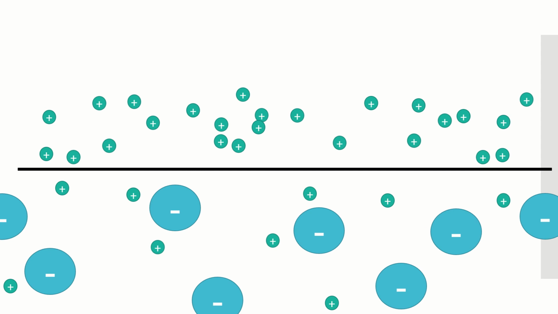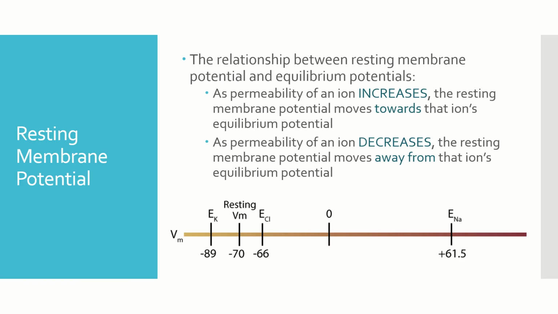But let's look at another way and look at the actual resting membrane potential and its relationship with equilibrium potentials. As the permeability of an ion increases, the resting membrane potential moves toward that ion's equilibrium potential. So remember our values here.